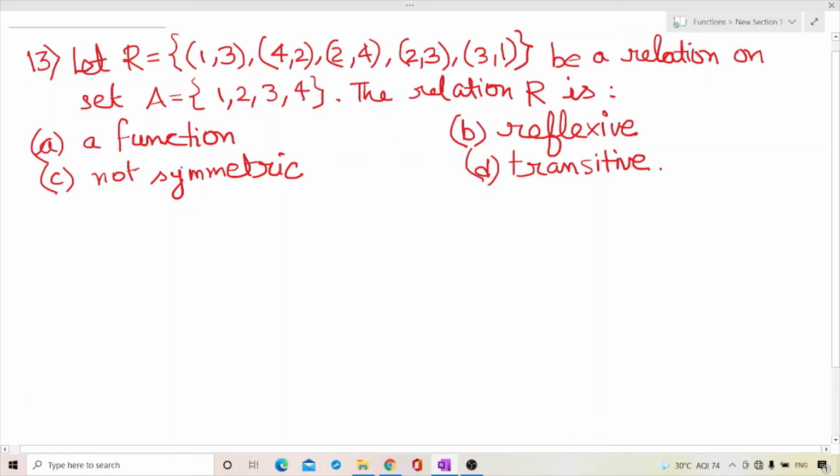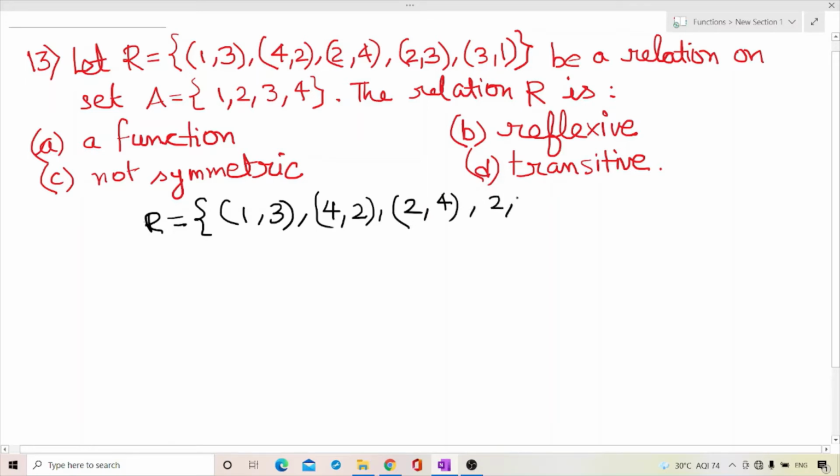So now we have to check which of the following options here is correct. Here R is equal to what? Let me write here. R is equal to {(1,3), (4,2), (2,4), (2,3), (3,1)}.